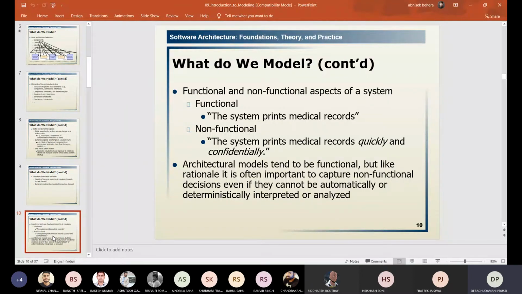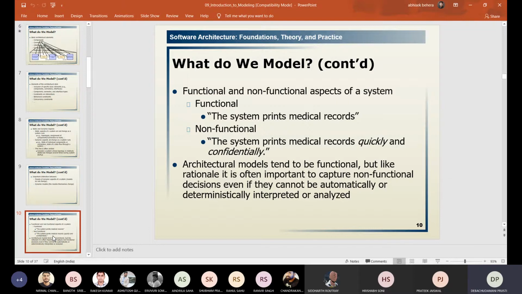Also, we have to consider that the main objective is the functional properties. The functional property: this system prints the medical records. The non-functional: this system prints the medical records quickly and confidentially. You have to understand. Functional part means if we are printing some medical document, this is the functional part.